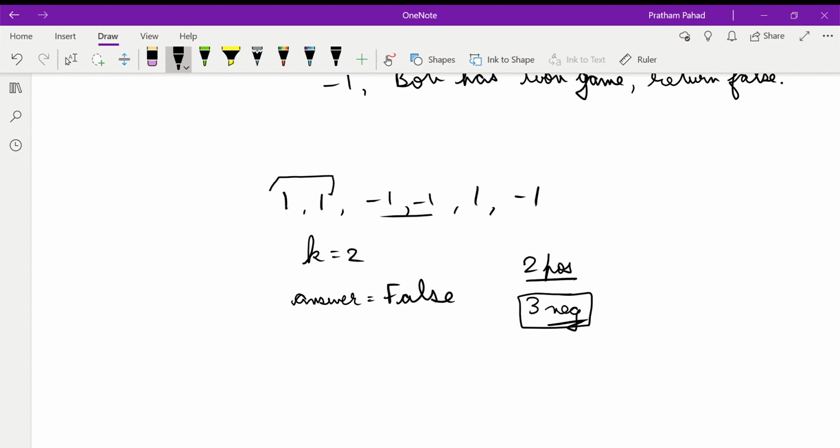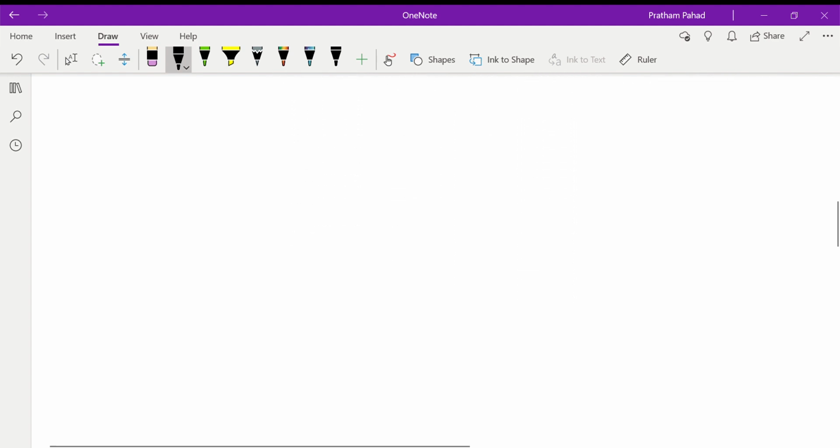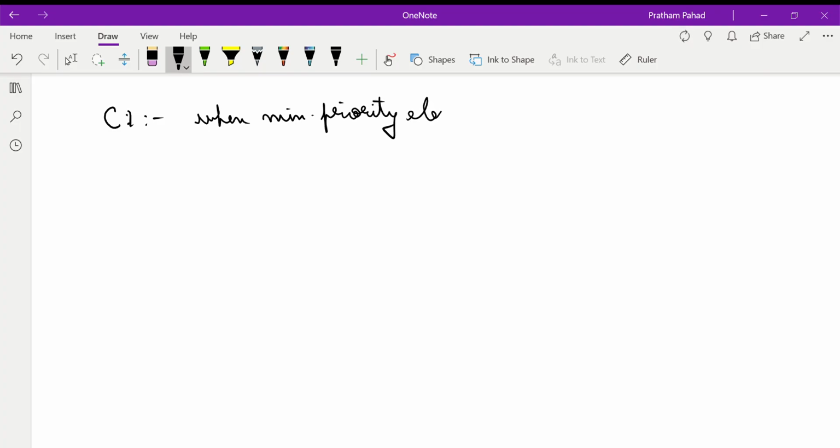Okay, so in this problem we'll move case by case. So let's say we have case 1, in which your minimum priority element is positive.